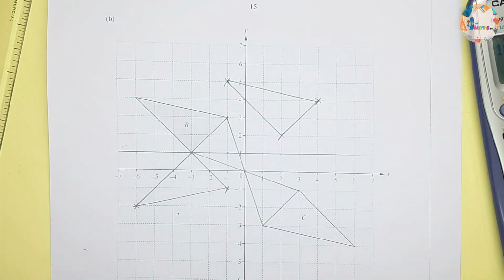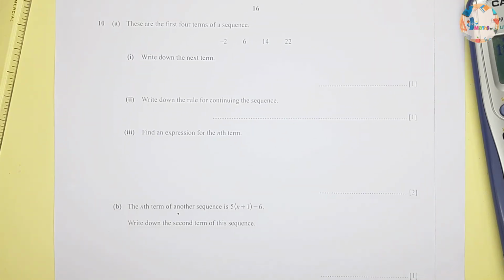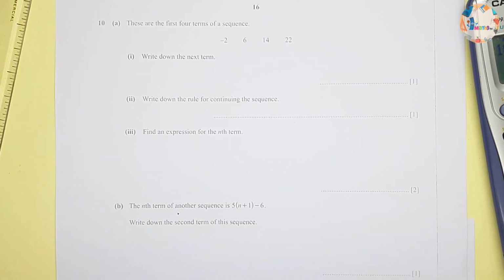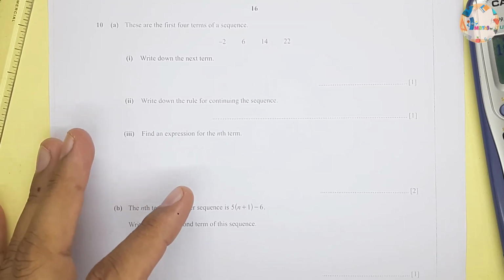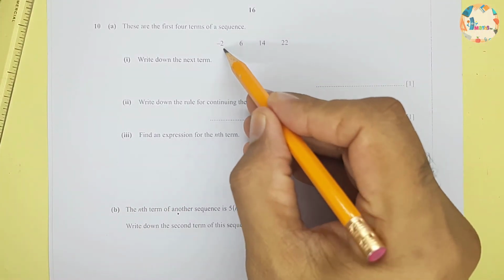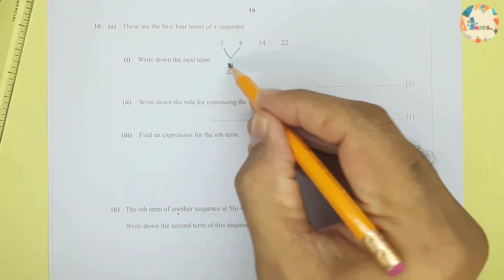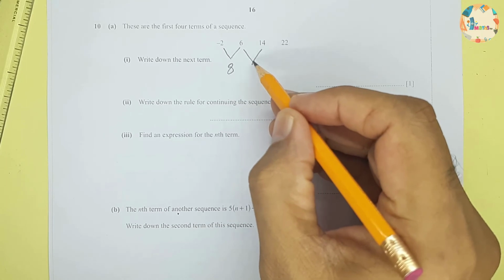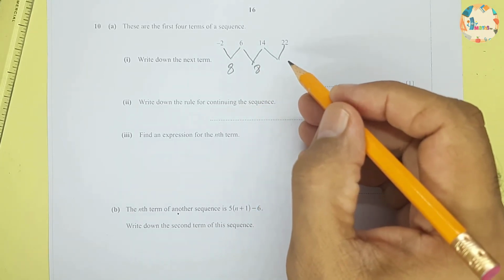Now question number 10. Question number 10 is saying these are the first 4 terms of the sequence: -2, 6, 14 and 22. Write down the next term. So for the next term, we will be checking the difference, this and this. 6 minus -2 will be 8, and this will be again 8, and this will be again 8.